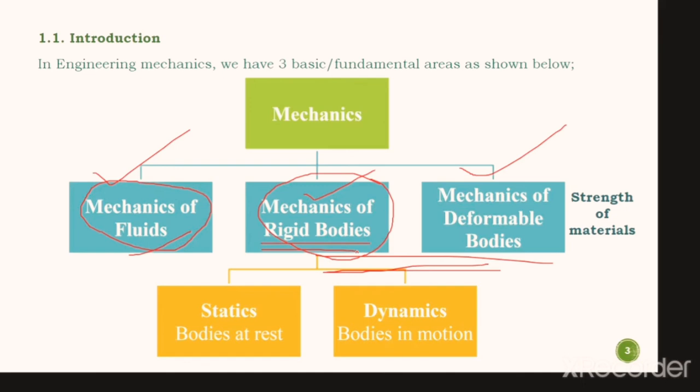In simple words, if you take an elastic rubber band and apply some force pulling it apart, immediately the length of that band is going to increase. That change in the length of the rubber band is nothing but the deformation. But in engineering mechanics we assume that whatever body we are dealing with is a rigid body that is not going to deform.